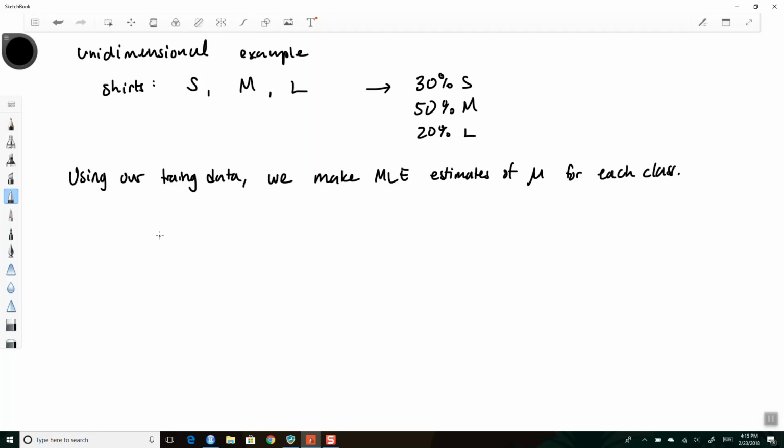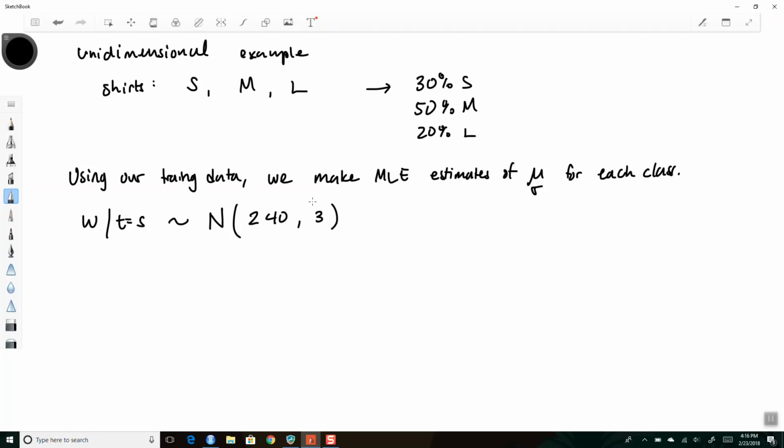And so we will say, I guess mu and sigma. And so we'll say the weight, given T is class small, will come from a normal distribution. I don't know how much shirts are supposed to weigh. 240 grams with a standard deviation of 3 grams or something like that.